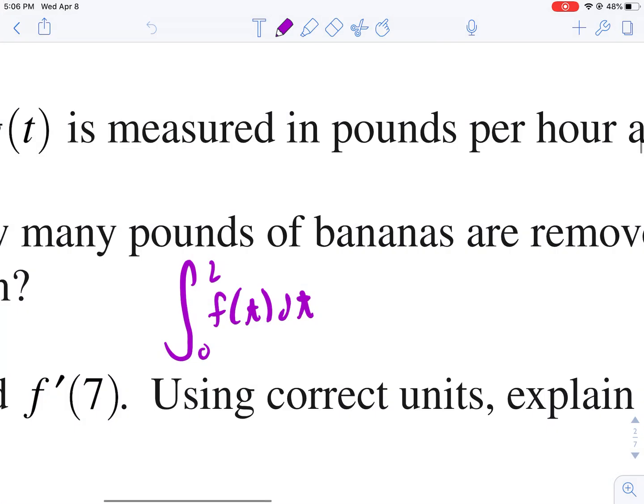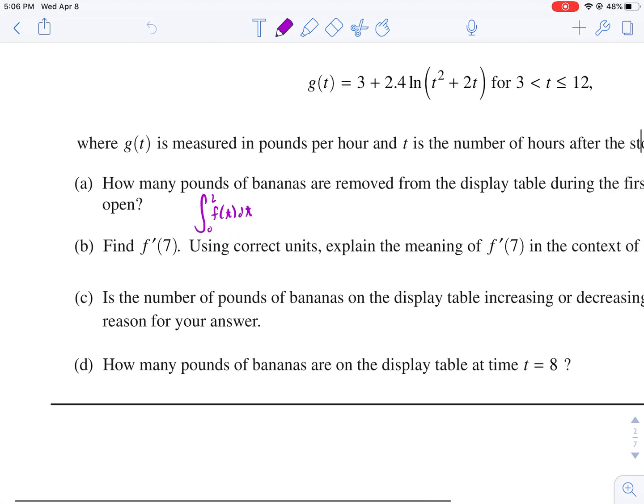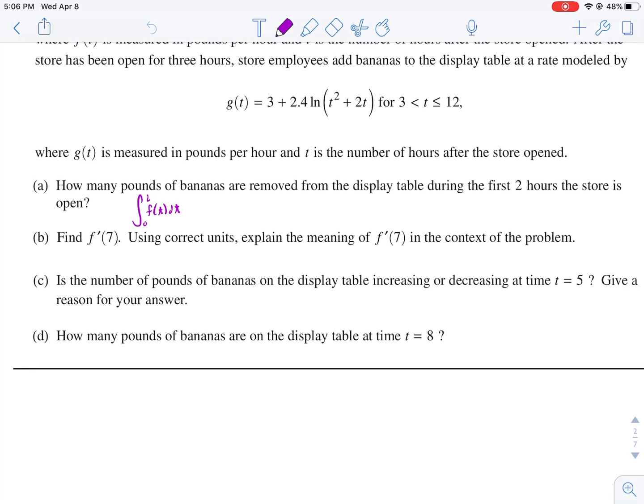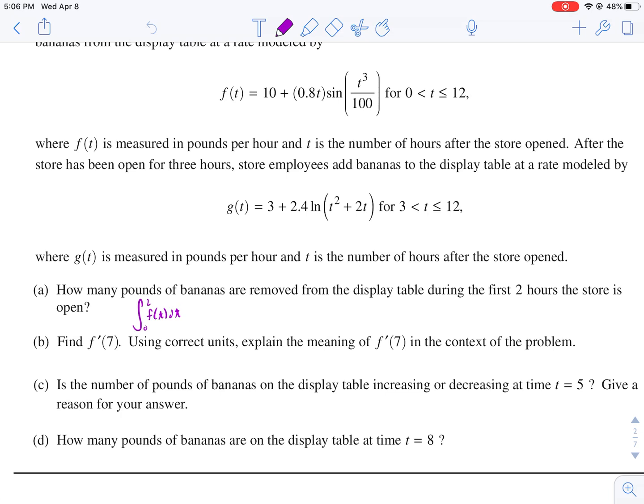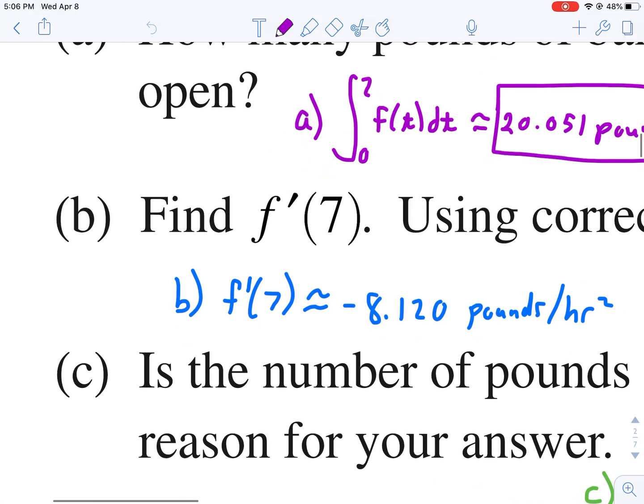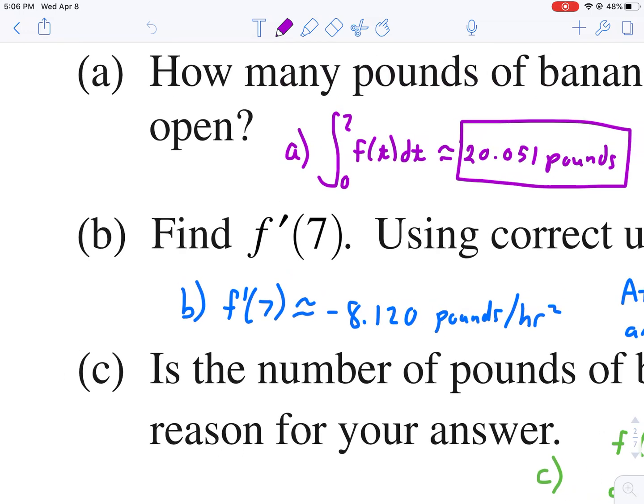Okay, part B. f prime of 7. So you can just use the math 8 functionality to find the derivative of this function at 7. And then using correct units, explain the meaning of f prime of 7. That's really the idea of this problem. So f prime of 7 is negative 8.120 pounds per hour squared.